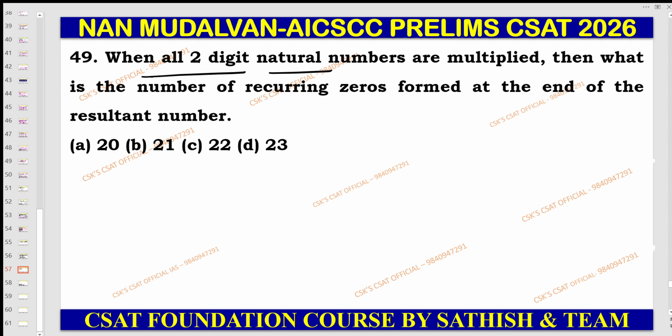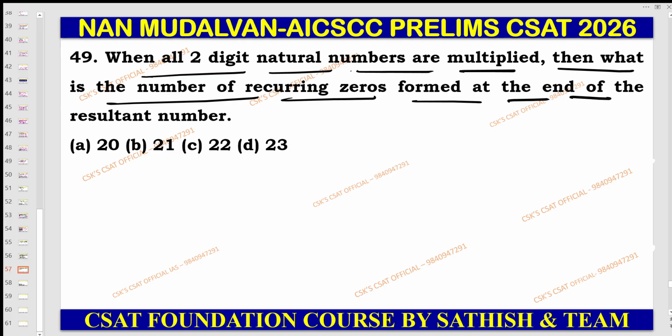When all two-digit natural numbers are multiplied, what is the number of recurring zeros formed at the end of the resultant number? Two-digit means from 10 up to 99, right?